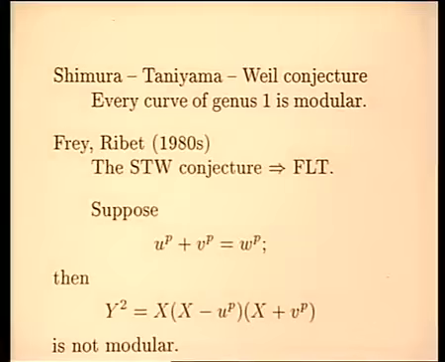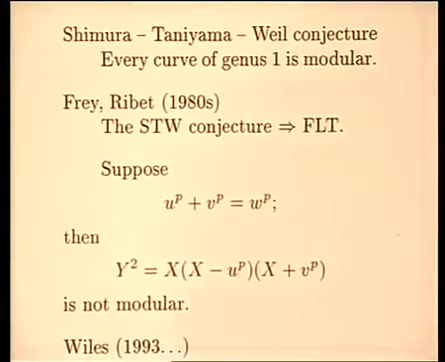Now, the relation to Fermat's theorem is through the conjecture of Taniyama, Shimura, and Weil, who claimed that every curve of genus 1 is modular. I don't propose to explain what modular means. It means, very roughly, that the curve has a number of points when considered modulo every prime which is predictable in a certain way.